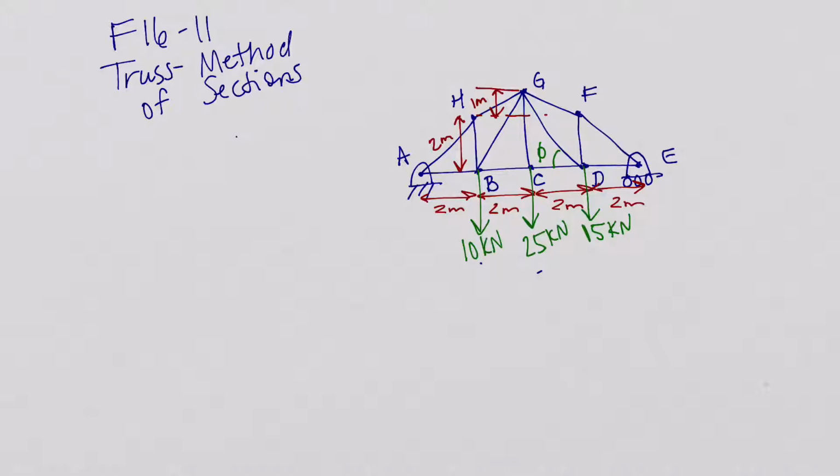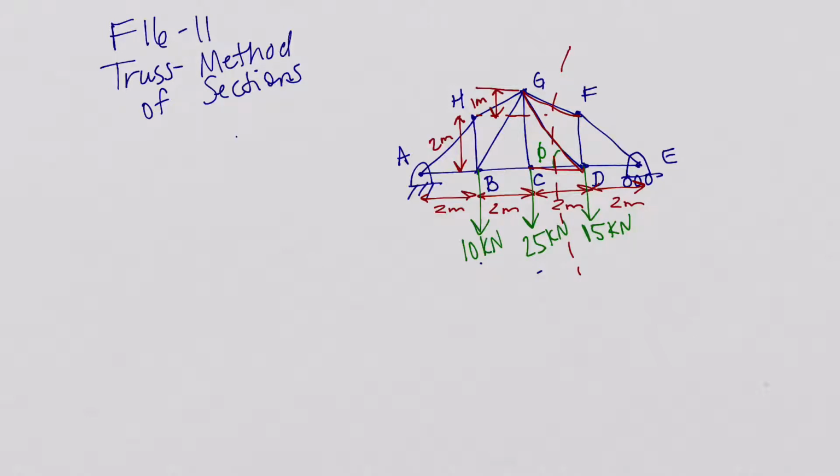So they want us to find the forces in members GF, GD, and CD. So with this we can actually draw a section through this, and that'll help us get all of those.